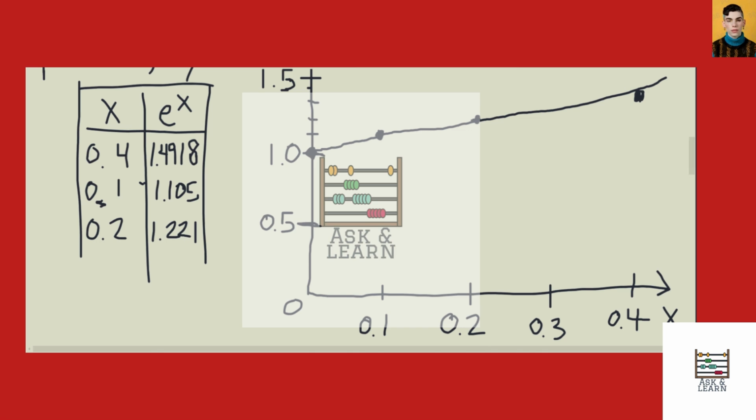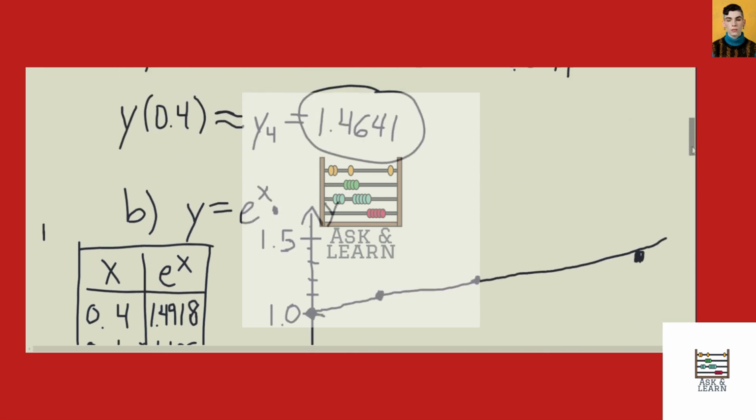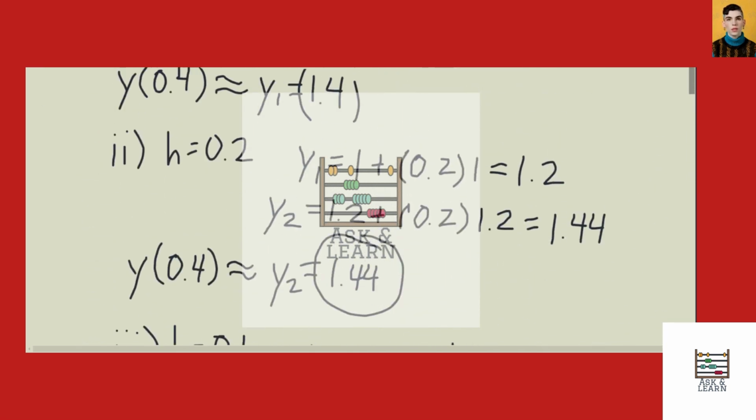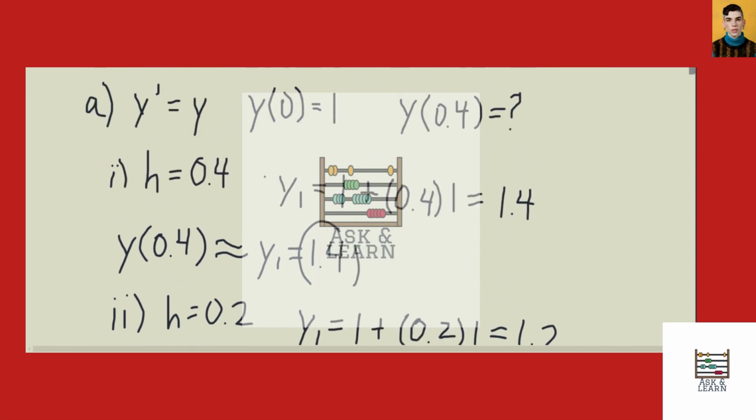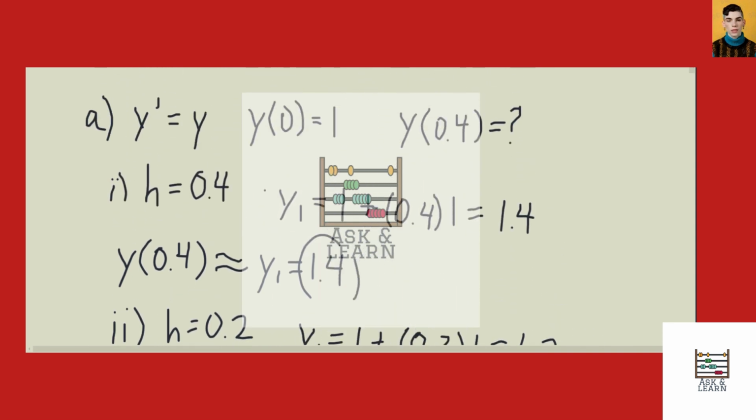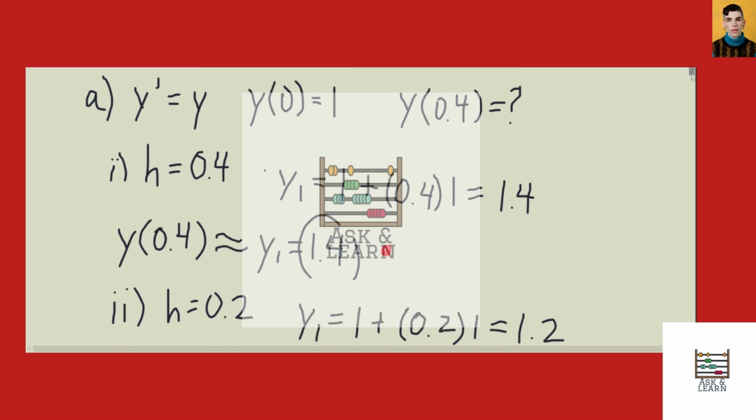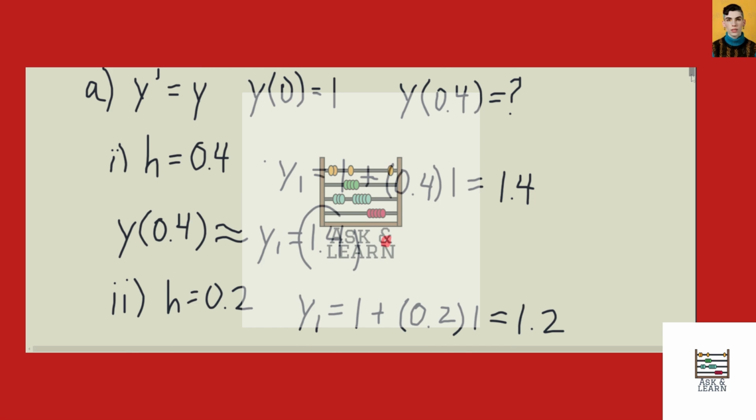And using our different step sizes, I'm going to graph our Euler approximation from part 1 in red. So we have from this that one point on this approximation is of course the initial value 0, 1.